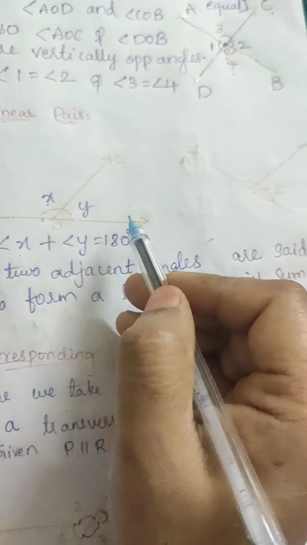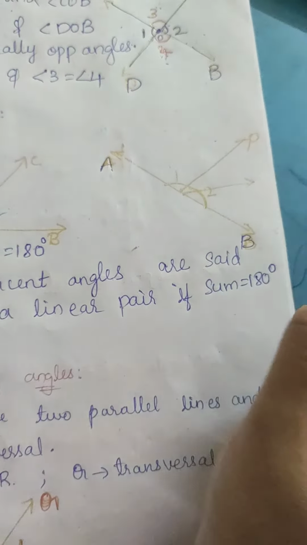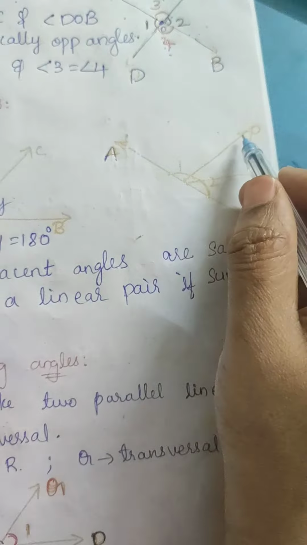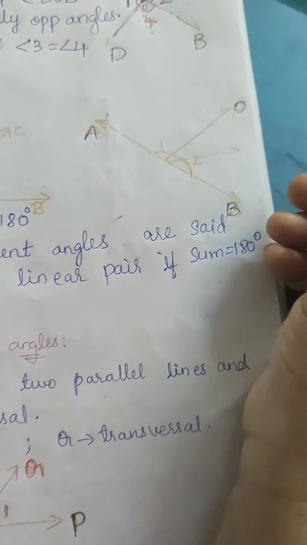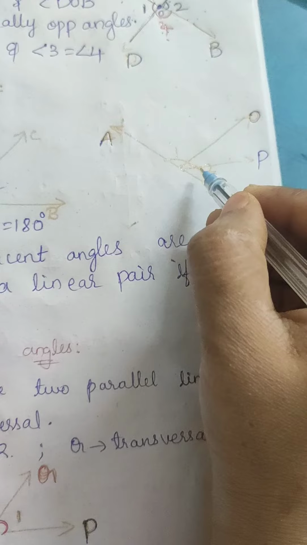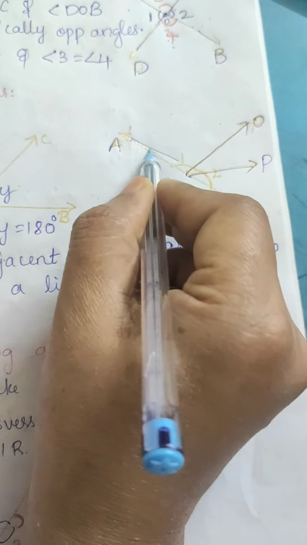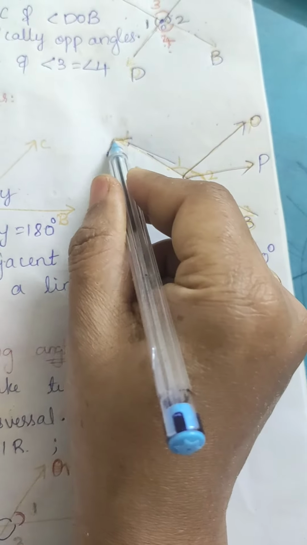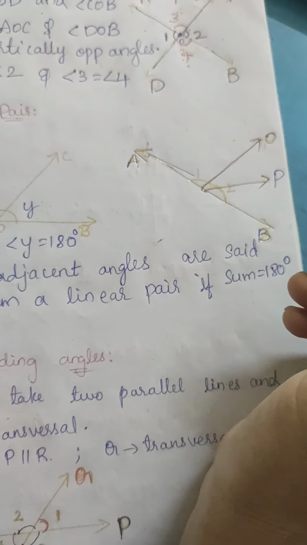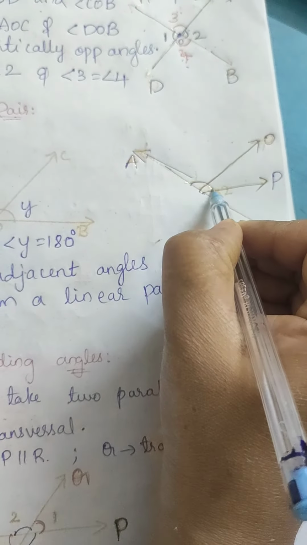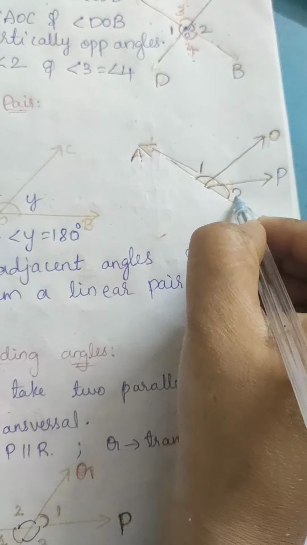Also here we can see a line AB. Here we have an arm, let it be O, and another point let it be P. This is the straight line, and from this I am taking the arm OP. Now let it be angle 1 and angle 2.